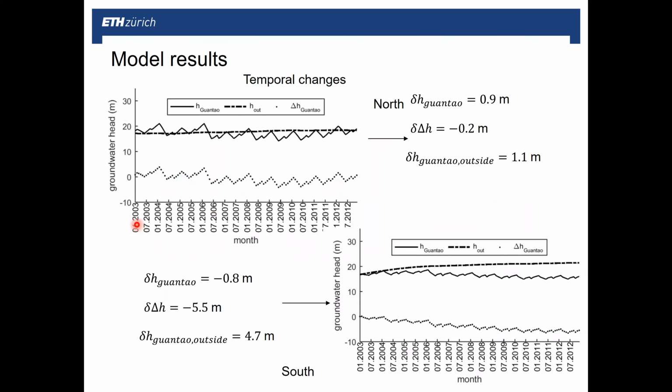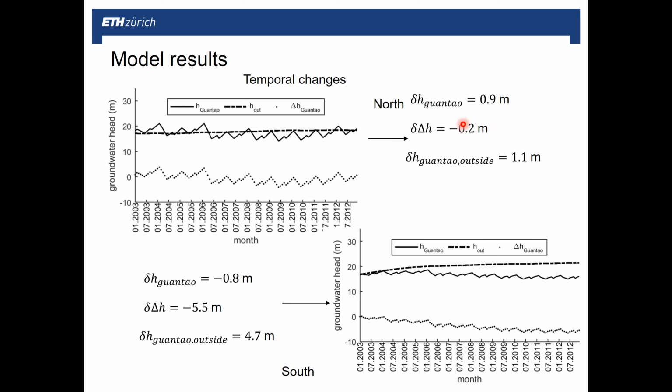Now we look at a specific location. This is a location in the north of Guantao, and this one is in the south of Guantao. From here we can see that in the 10 years, the groundwater level increased a bit. So you will be happy if you only look at this. But if you look at the strata age changes, that means here it is still a bit of a decrease.